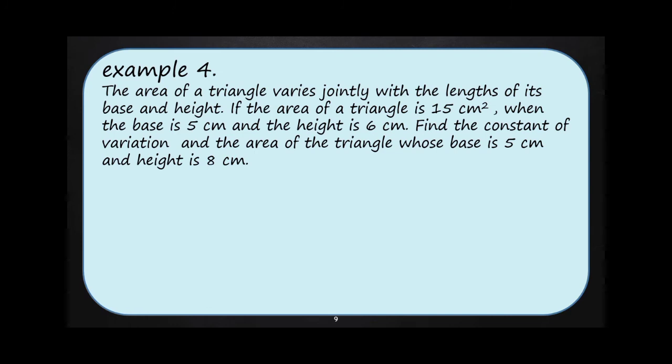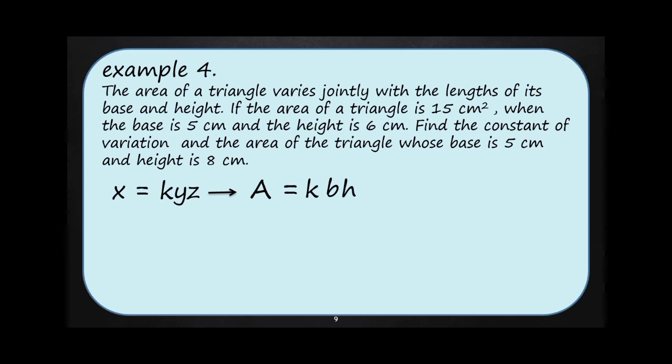Okay, so now we are going to use, of course, our formula, which is x is equal to kyz. So in this problem, we are going to use the formula A is equal to k, then y is b, and then z is h.